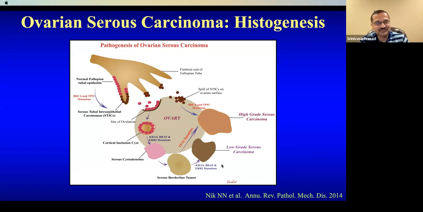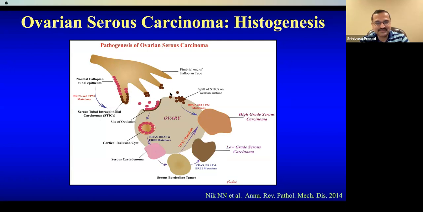So the so-called STIC lesions are the ones that develop within the fimbrial end of the fallopian tube. And once they become invasive cancers, they spill onto the ovaries, and some of these then become the so-called high-grade serous cancers.